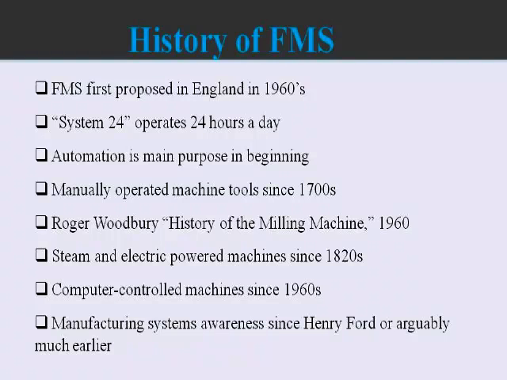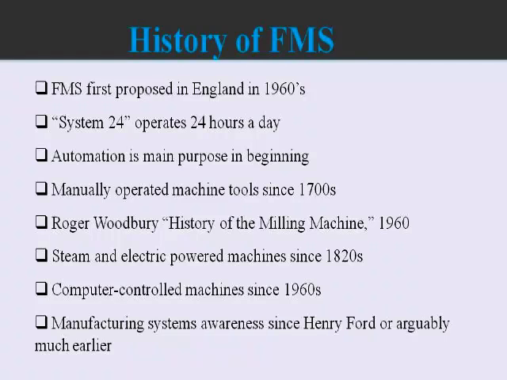We have had manually operated machines since the 1700s, and later Roger Woodbury made the milling machine, with steam and electrical powered machines since the 1820s. Then from 1940 onwards the NC machines, and from the 1960s onwards, particularly from the year 1962, computer numerical controls were being used industrially.